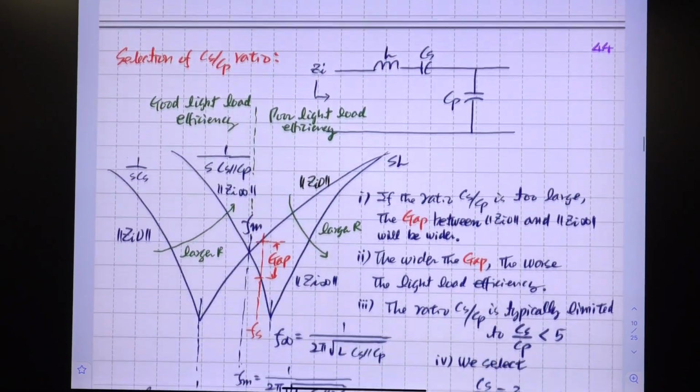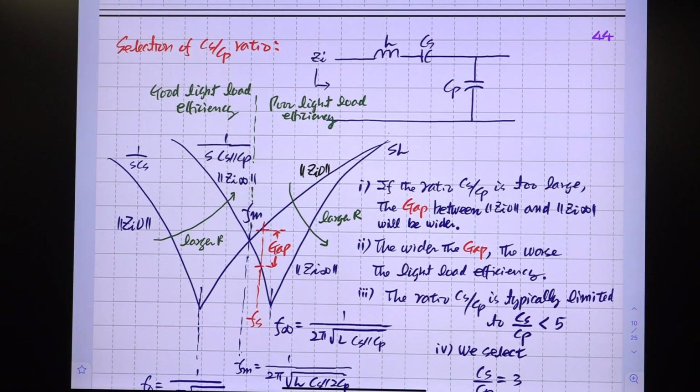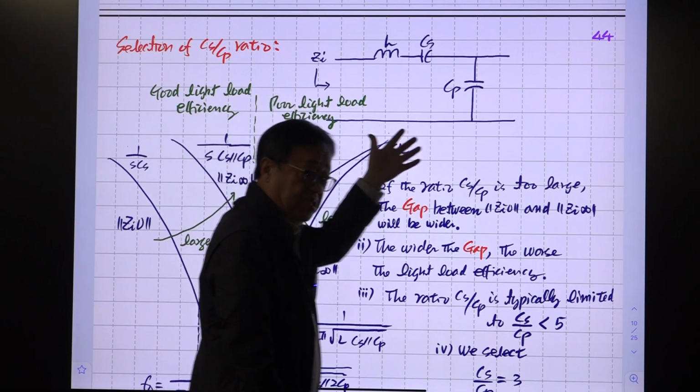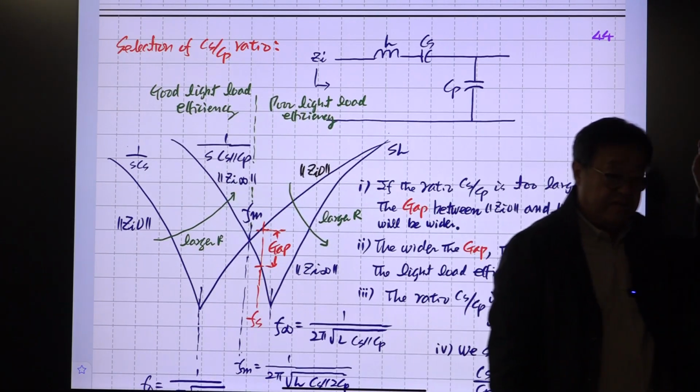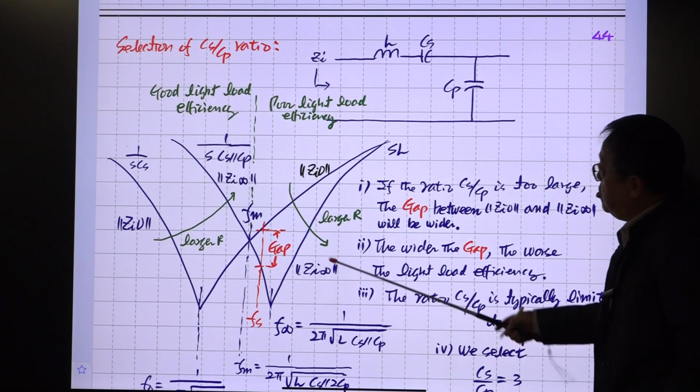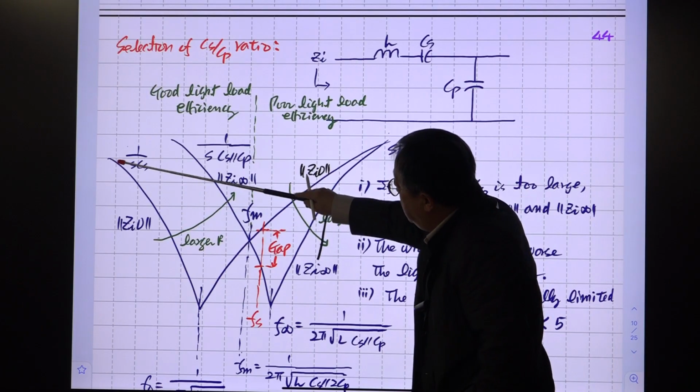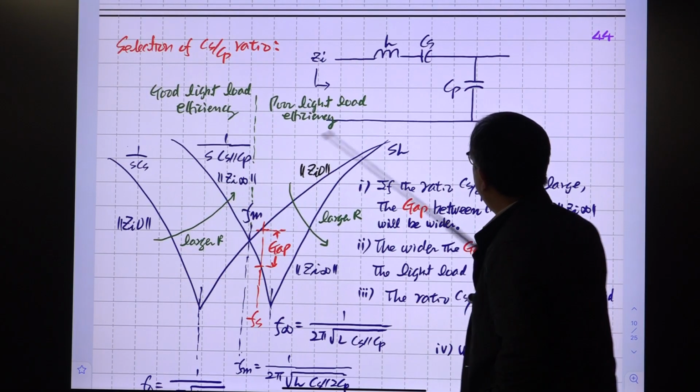I will explain why we select this ratio. That requires some analysis. This is the curve of the input impedance. You know what the input impedance of this LCC tank looks like. This is the input impedance with the output shorted.